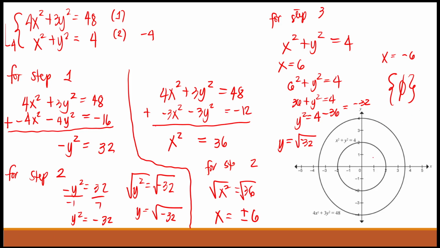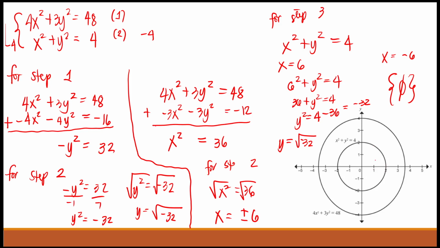Kasi, actually, kapag graph natin, as you can see naman dito, yung graph na x squared plus y squared equals 4 ay circle, at yung graph ng 4x squared plus 3y squared equals 48 ay ellipse. At pag graph natin, as you can see, wala silang intersection. Diba dun sa previous example natin, yung mga nakukuha nating sagot is actually yung intersection ng graphs. But as you can see, nung graph natin, walang intersection.